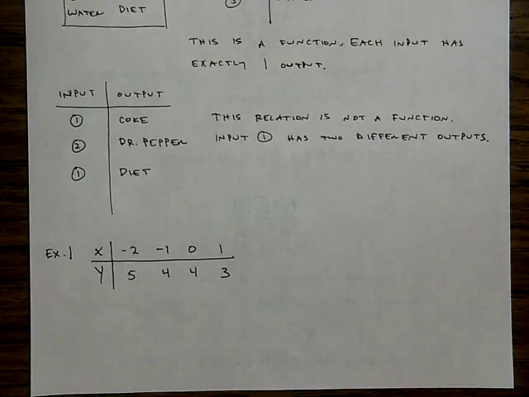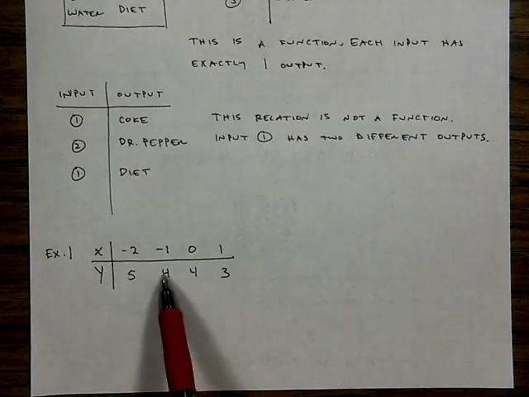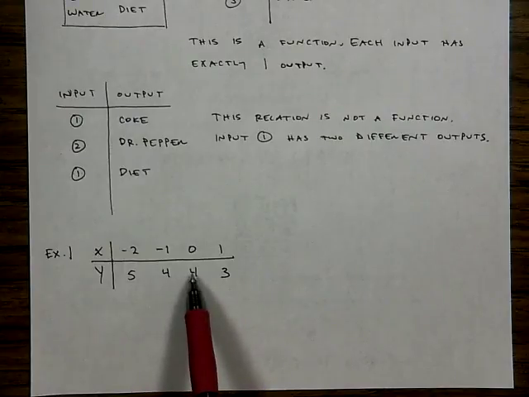All right, so now if I'm looking at this table, what I would ask you to do is think through whether you believe this is or is not a function. A lot of students would say, well, no, it's not, because you have two outputs that are the same here.